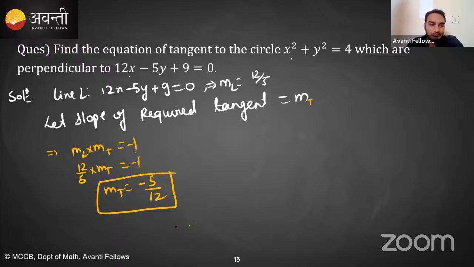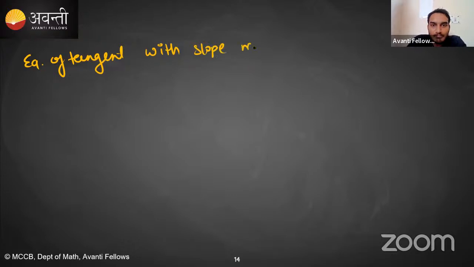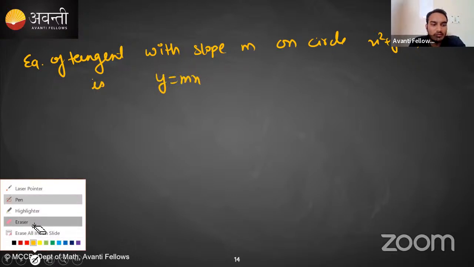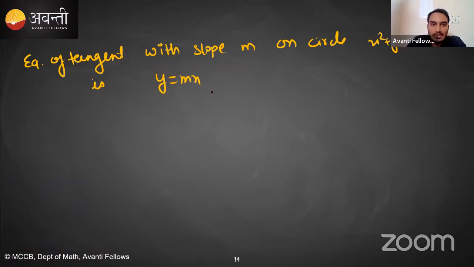The equation of tangent with slope m on the circle x square plus y square is equal to a square, for a general circle, is y is equal to mx plus minus a times under root of 1 plus m square.